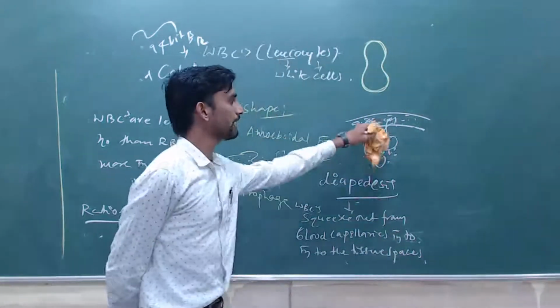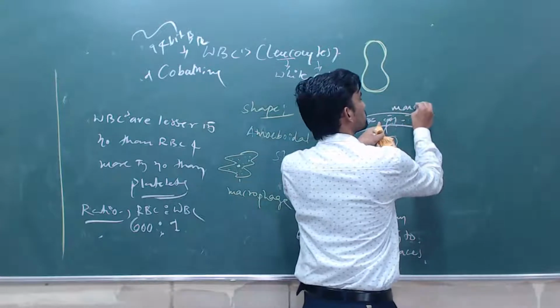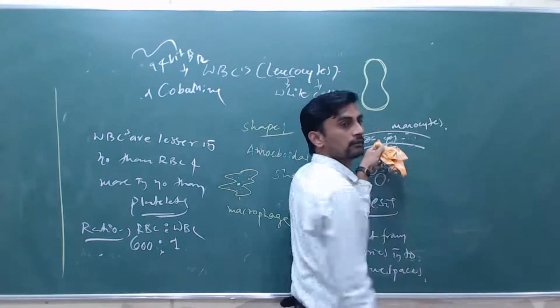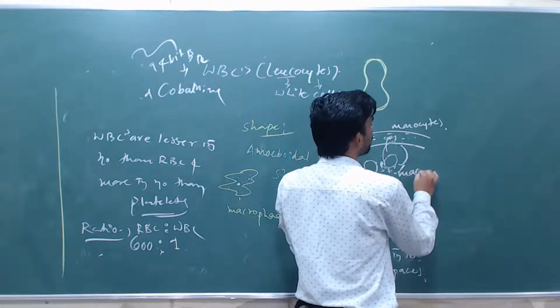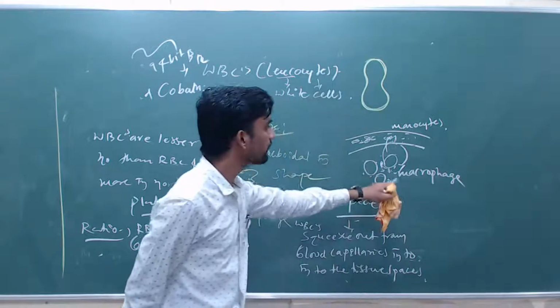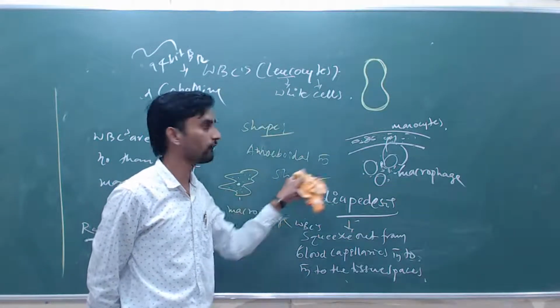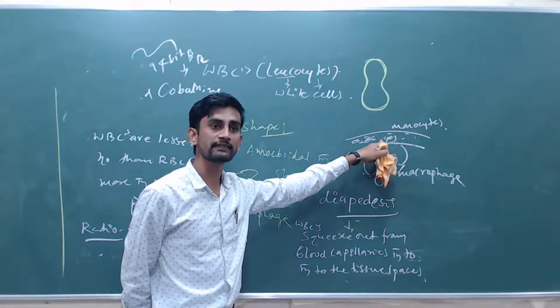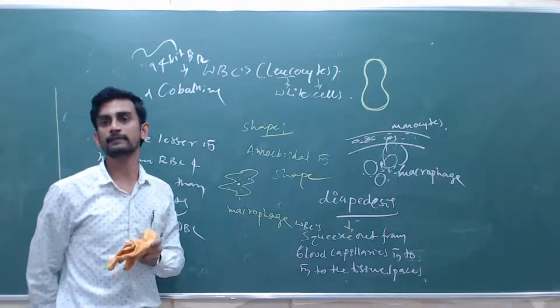When it is in the blood, we call it monocytes. When it reaches the tissue space, it may get converted into macrophage. Can I get my point? That's what I have written: macrophage will have an amoeba-like structure when it comes out of this blood capillary by undergoing a process called diapedesis.